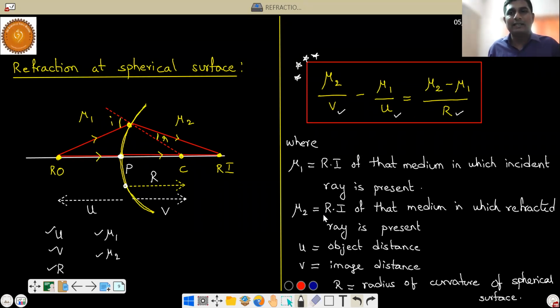Any distance measured in the direction of the incident ray is taken as positive, and opposite to it is negative. Above the principal axis is positive, below is negative. So please write down this fundamental formula. I'm repeating many times to emphasize its importance.